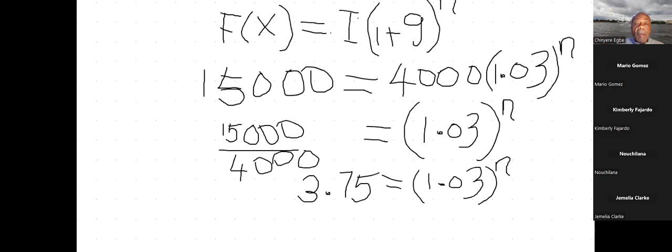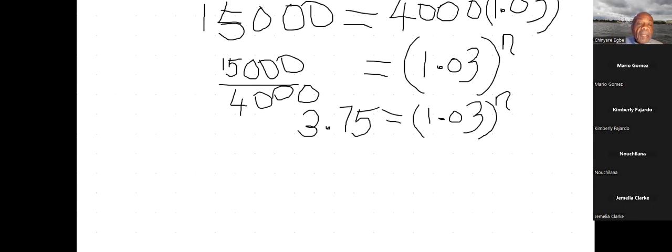But if you have this kind of power function, you realize that if you take a function that is raised to a power and do the log of that function, then the solution will be to say that n times the log of 1.03.